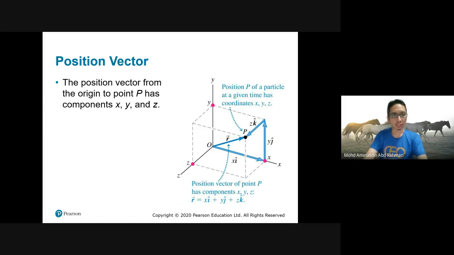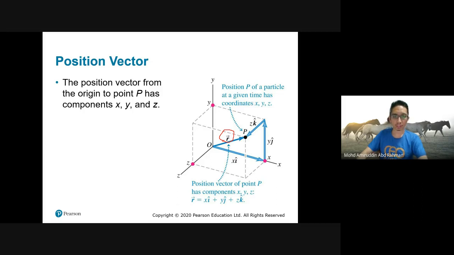The position vector from the origin, let's say you look at the figure there, to a certain point P has three components, X, Y, and Z. So it has coordinates of X, Y, and Z, and the position vector is the one that is projecting to P. Over here it is R. This is the position vector.